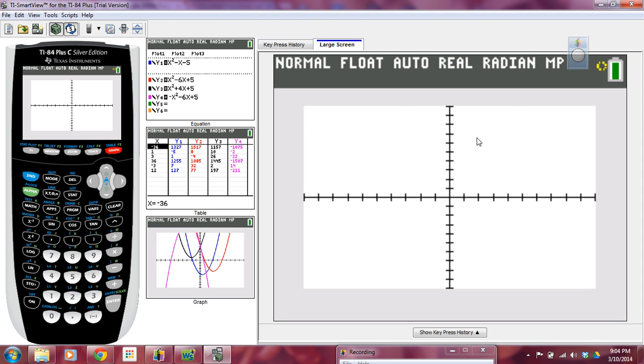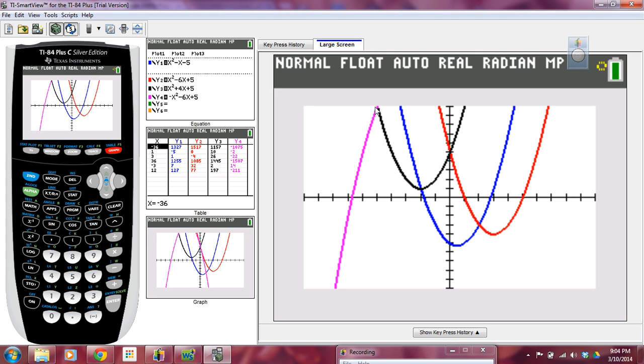All right, so here's my y1. Next up is my y2, which you're probably not seeing, but I'm going to kind of trace it. And my y3, and if your colors are the same as mine, it should be blue, red, black, and then pink. All right, so I have this blue one right here that kind of comes down.